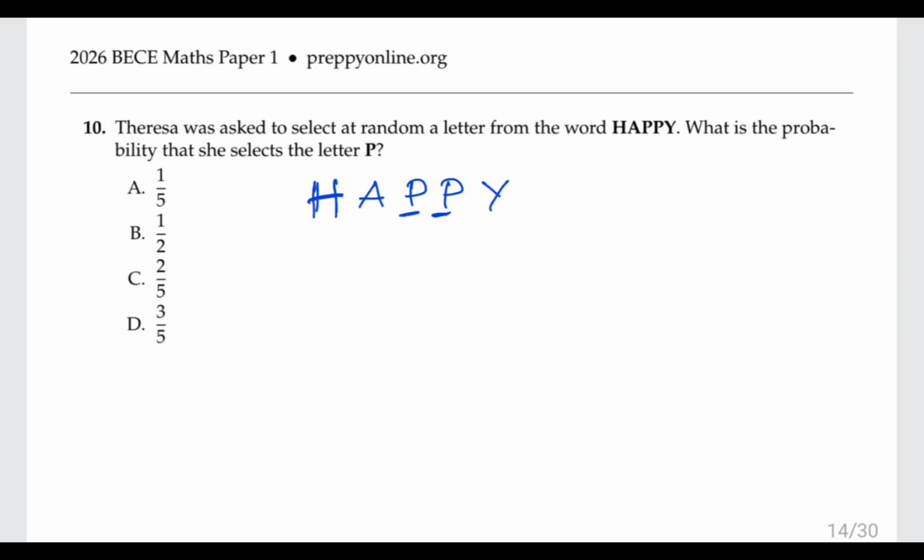And the question is, what's the probability that if we select randomly, we're going to choose a P? Because there are 2 P's and there are 5 letters in total, our probability is 2 over 5.